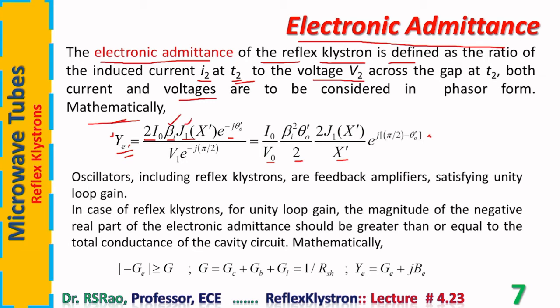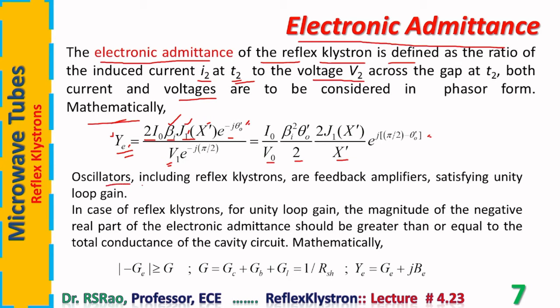J stands for Bessel function of the first kind. 1 is order. X prime is bunching parameter. Theta naught prime is transit angle of the electron in the repeller region. V1 is amplitude of the voltage across the gap.